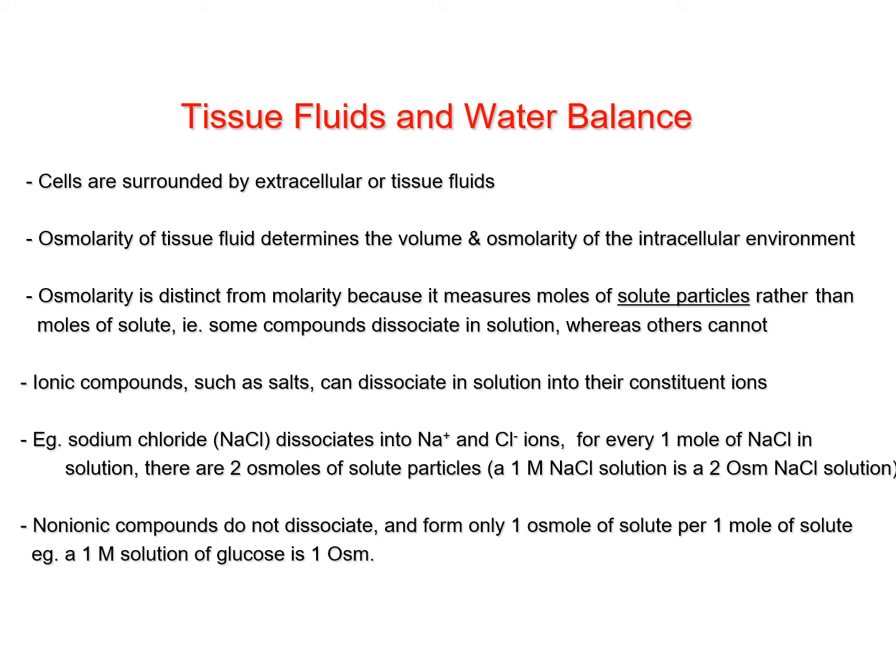They're also surrounded by extracellular fluids, and there are 2 extracellular fluid compartments: the interstitial fluid, which is the tissue fluid between cells, and the intravascular fluid, which is the fluid in the blood. The osmolarity of the tissue fluids will determine the volume and osmolarity of the intracellular compartment.